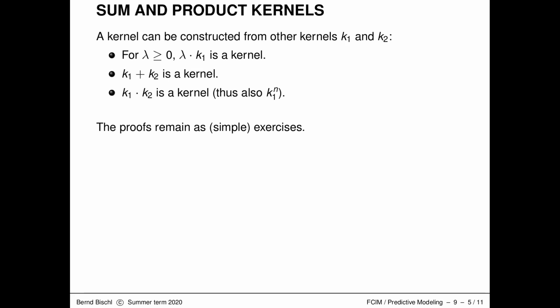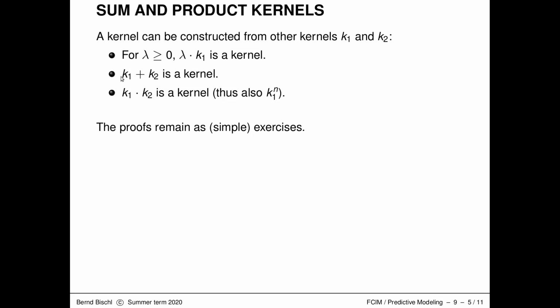Now here's a couple of construction rules, which are good to build more complex kernels from simple ones. First of all, we can multiply every function where we already know that it is a kernel by a non-negative constant, and this constant times the kernel is still a kernel.